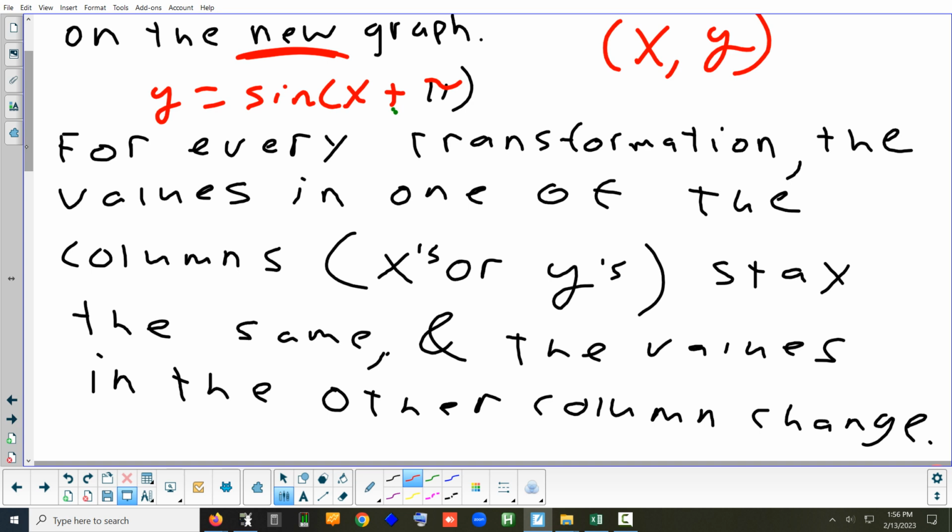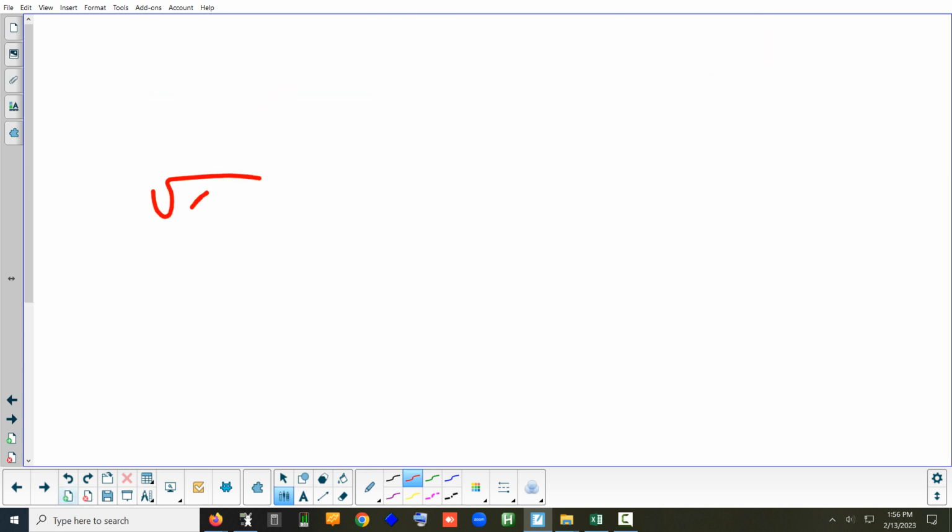Does anybody remember, when we do a transformation of any other function, what adding and subtracting inside the parentheses does? It moves it left and right. It's the same idea if you did this, or if you did something like a parabola.